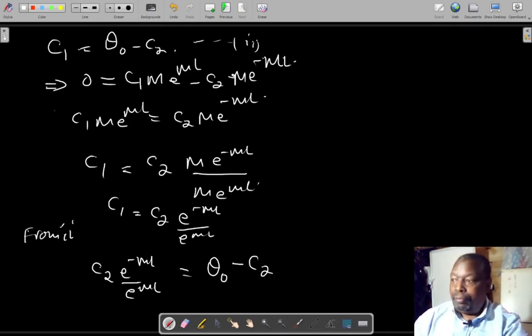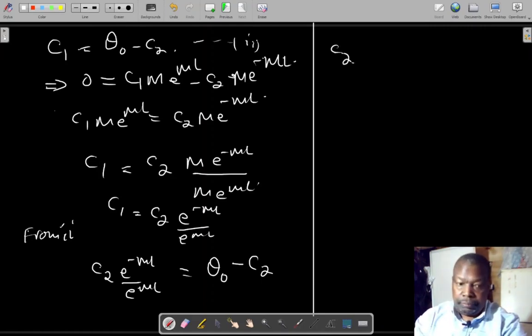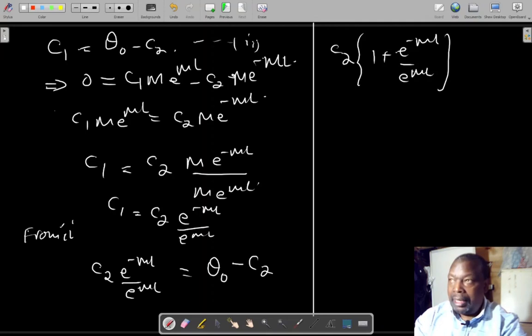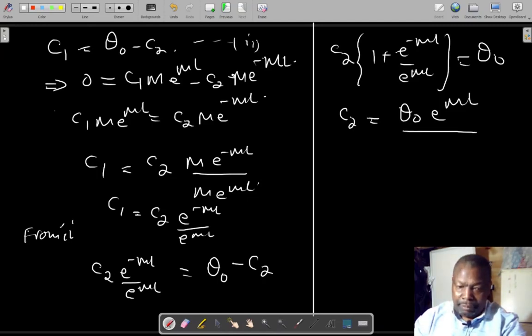So from those two equations, C2 times (1 plus e^(-mL) over e^(mL)) is equal to theta naught, such that C2 is equal to theta naught times e^(mL) divided by (e^(mL) plus e^(-mL)), and that is our equation 3.